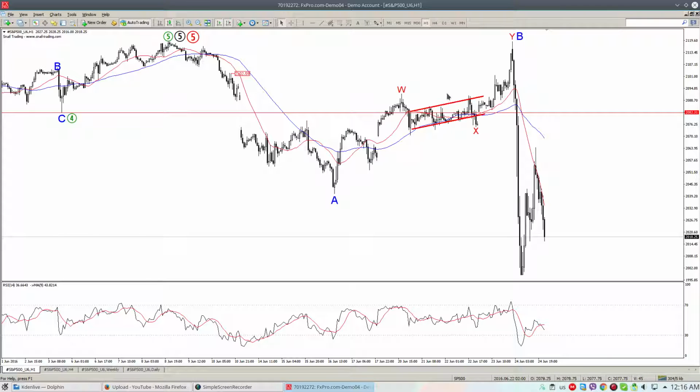I don't like that scenario very much, so I prefer this scenario where this is a 5-wave move, this is a correction, and this is a 5-wave move.